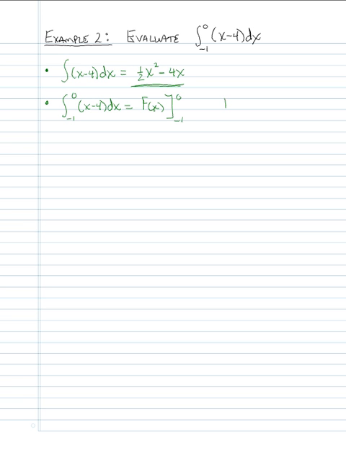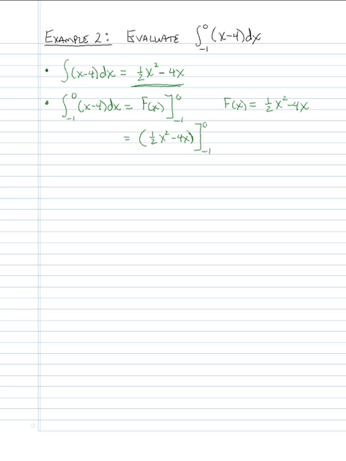I'm just reminding you that that capital F of x is what we got on the first step. That's the indefinite integral without the constant of integration. Okay, so that tells us normally what we would do is we would make sure that we understand what our capital F of x is. So I'm putting it in parentheses, and we evaluate that from -1 to 0.